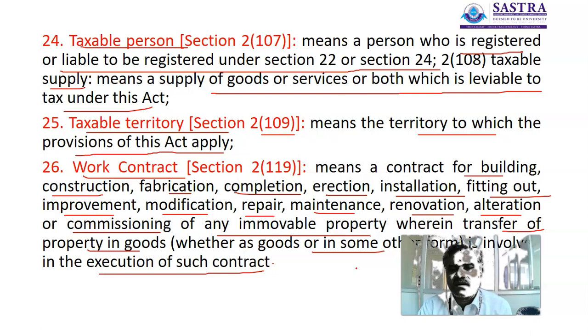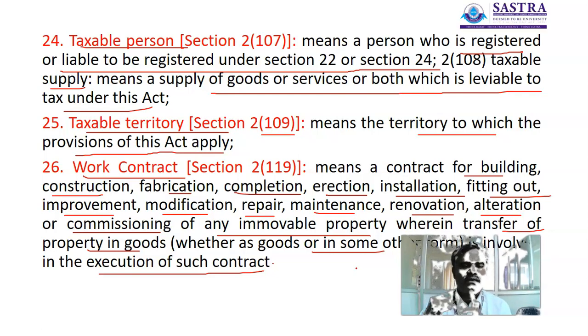This is what you engage yourself in for a certain period, 2 years, 3 years, 4 years, 5 years, and depending on that you collect the money from the contractor.